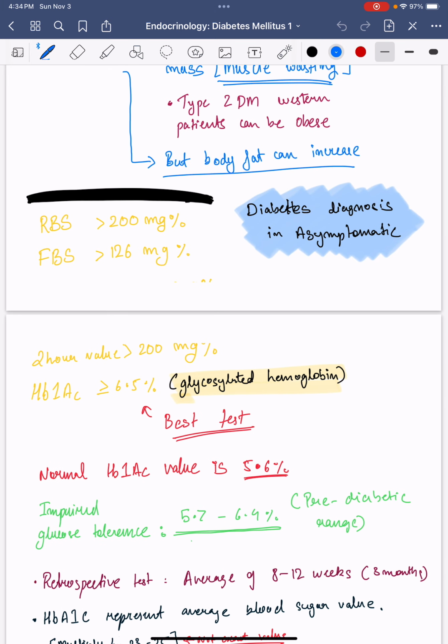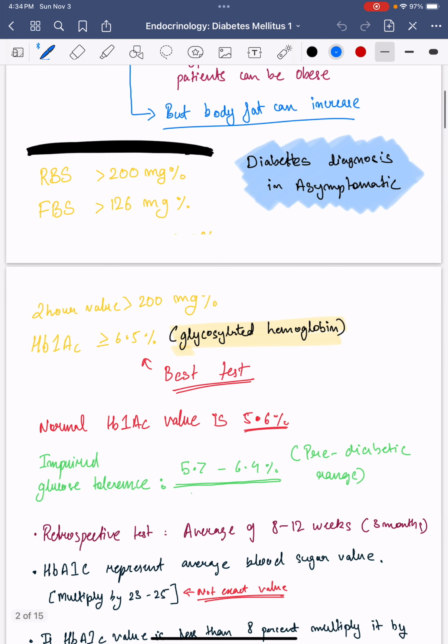So how do you diagnose diabetes in asymptomatic patients? For diagnosis, the random blood sugar should be more than 200 milligram percent. The fasting blood sugar should be more than 126 milligram percent, and the postprandial 2-hour value should also be more than 200 milligram percent.